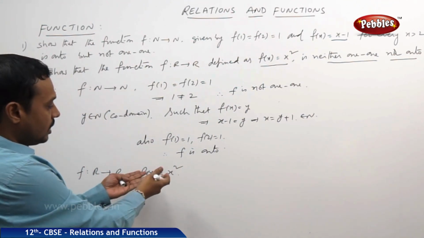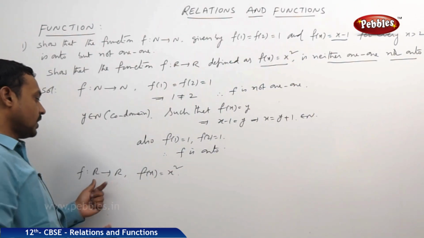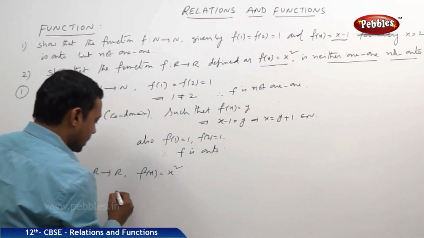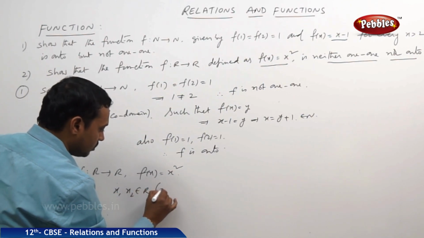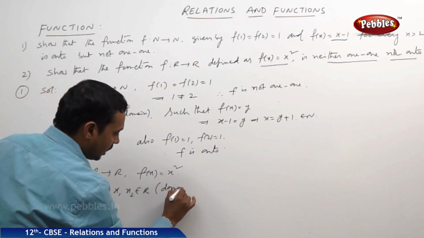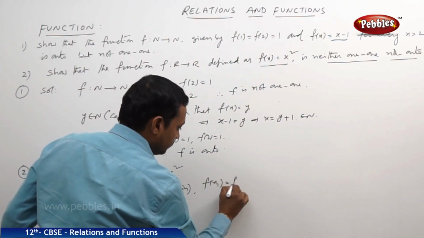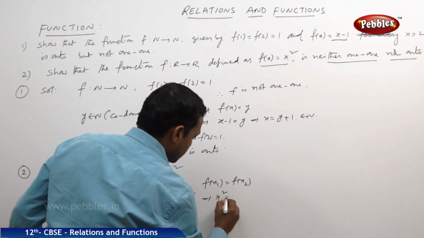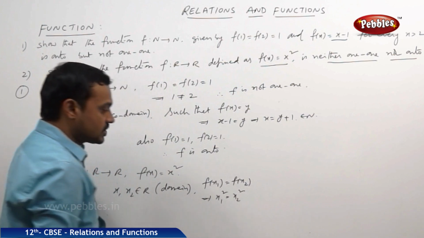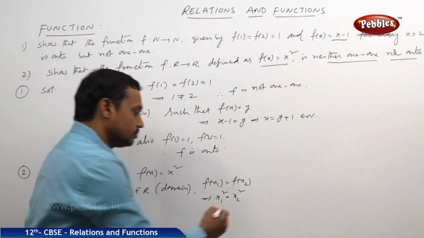Now, let us take two elements x1, x2 belongs to R. Here R is the domain, such that f of x1 is equal to f of x2. Then this implies x1 square is equal to x2 square. When x1 square is equal to x2 square, then x1 need not be equal to x2.